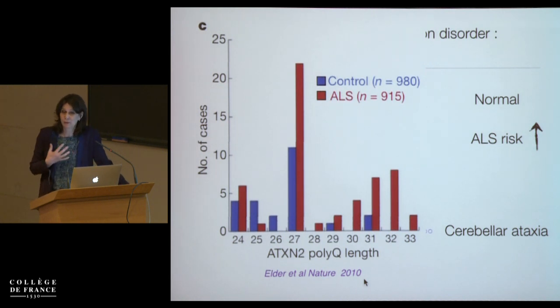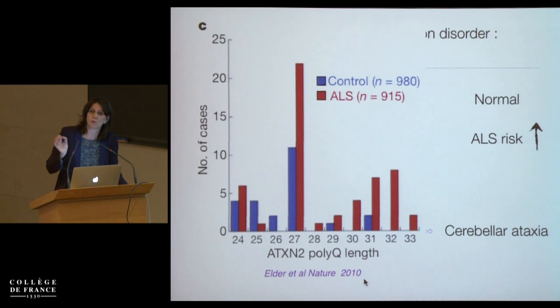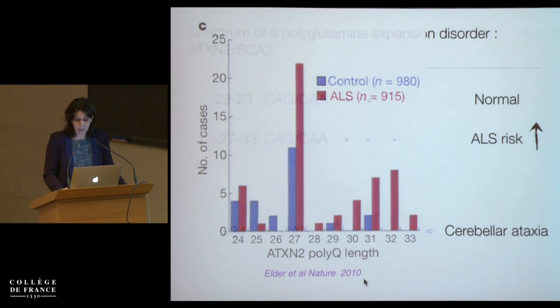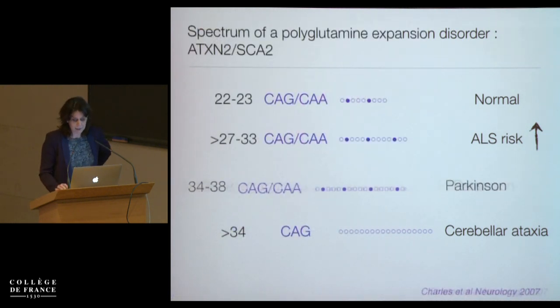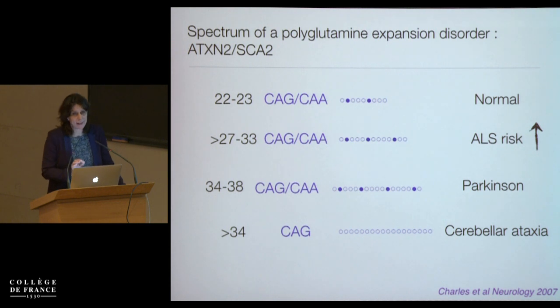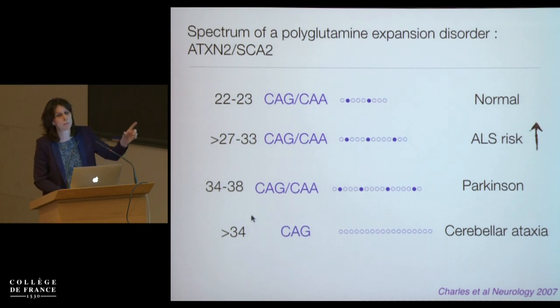So perhaps today, ataxin-2 is the most frequent risk factor for motor neuron disease out there. And even more interestingly, I think, when the expansion is too large, above 34, then you get cerebral ataxia.